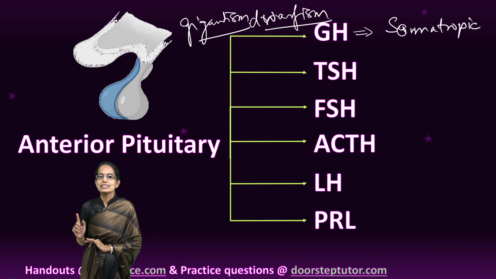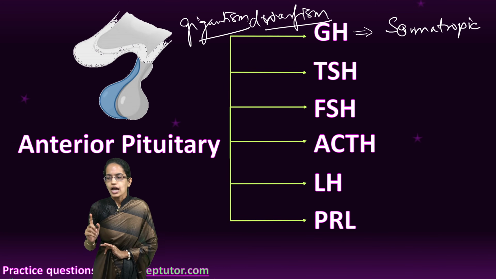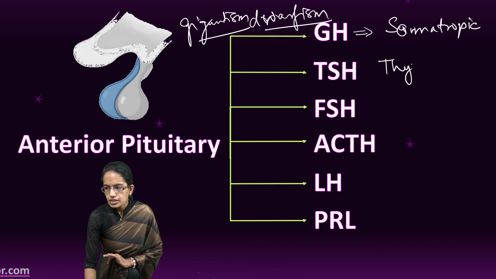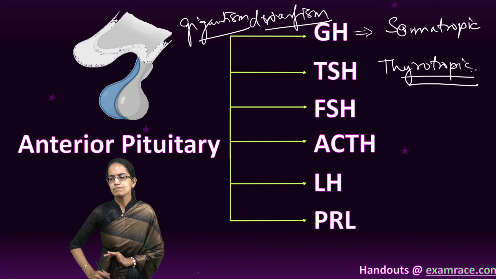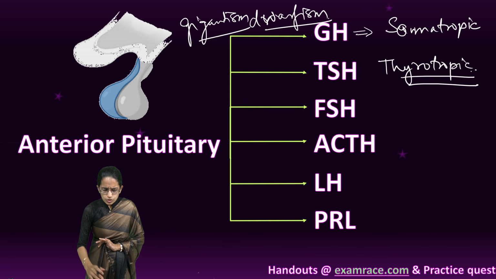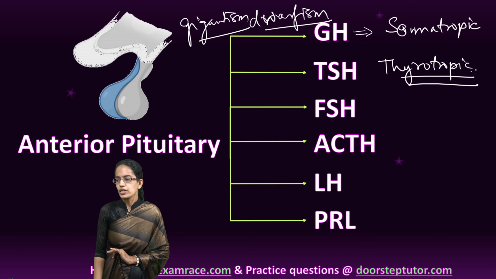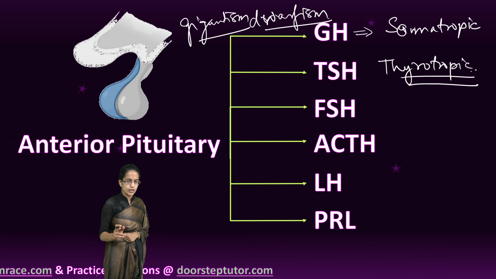The next is TSH, thyroid stimulating hormone. Thyroid stimulating hormone is also known as thyrotropic hormone. Thyrotropic hormone controls the growth and the functioning of the thyroid and therefore stimulates the production of thyroxine in the body.